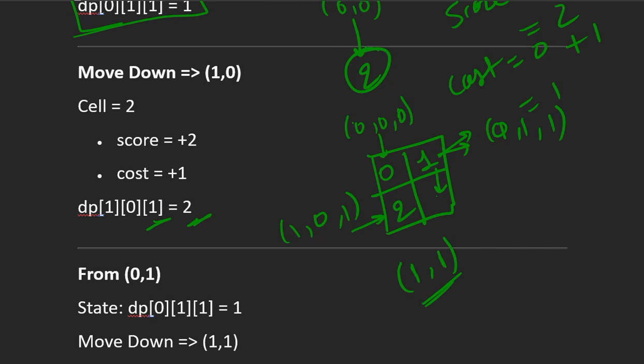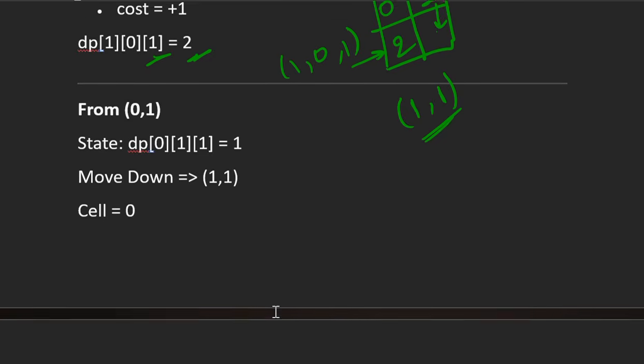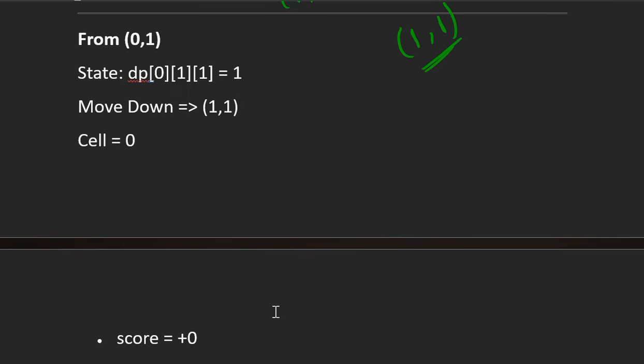So at this cell we have 0 comma 0, right? From 0 comma 1 we'll move to the down cell, and at that down cell we have value 0. So our score will be increased by 0, score plus equal to 0. Earlier our score was 1, so 1 plus 0 is equal to 1 only, right?